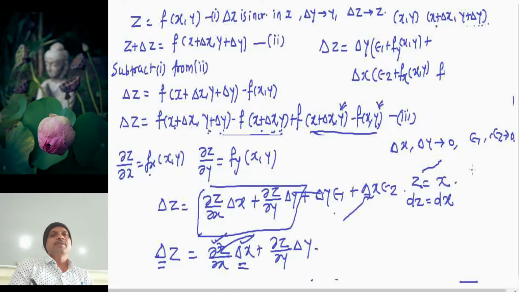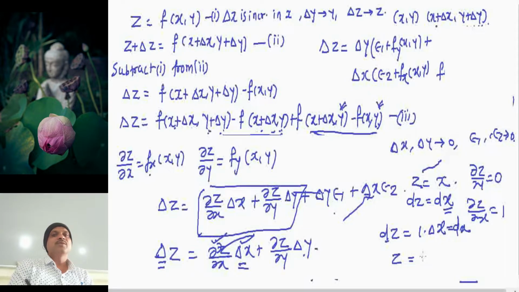Z is a function of x only, so del z by del y equals 0, and we have dz equal to del z by del x, which is 1, and we get 1 into delta x. But dz equals dx, so delta x equals dx.